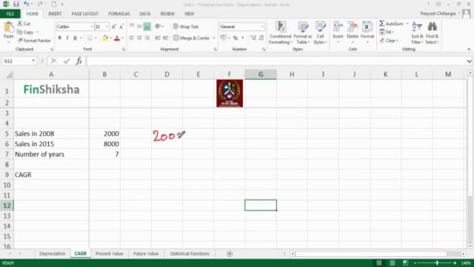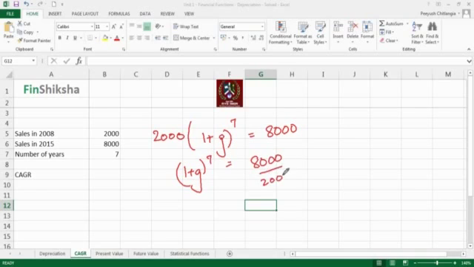We are saying 2000 growing at a certain rate, G, for 7 years gives me 8,000. We need to solve for G, which means (1 plus G) raised to the power 7 is going to be 8,000 by 2,000. Because this is to the power 7, on both sides we take the 7th root, 1 by 7.